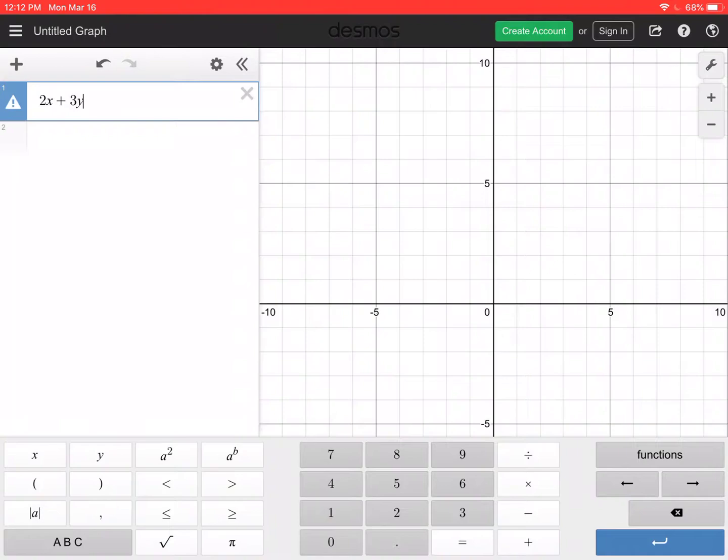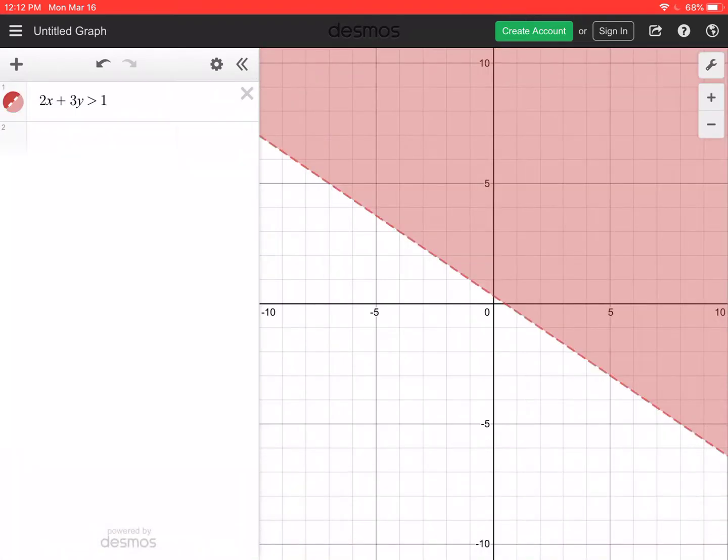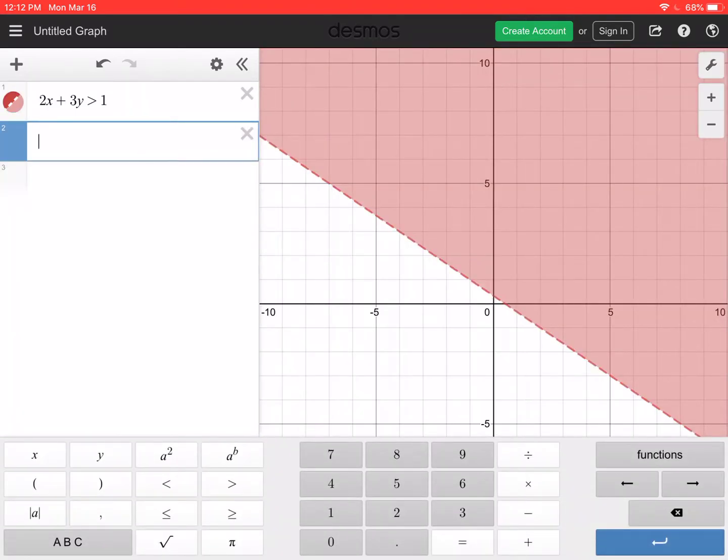We want 2x plus 3y greater than 1. Notice that because this is a strict inequality, greater than 1 and not equal to 1, it is a dashed line, so it's not included. But then every single point that satisfies this condition is up here in this red area. Now if we check our point, (1, 2), there it is within the red region. So this is a solution to this inequality.